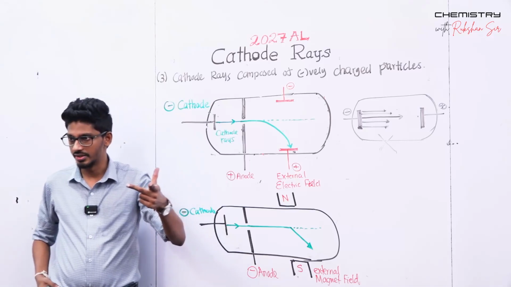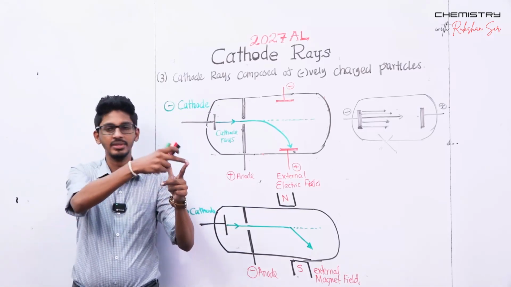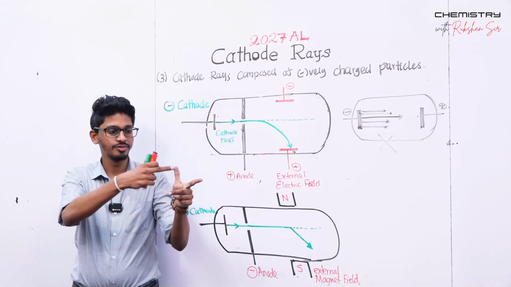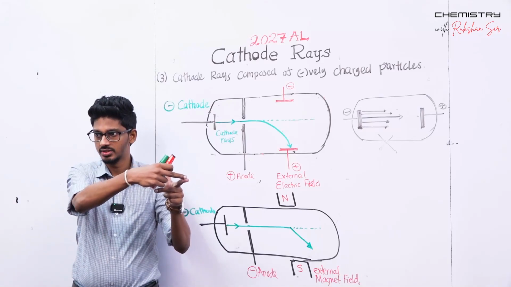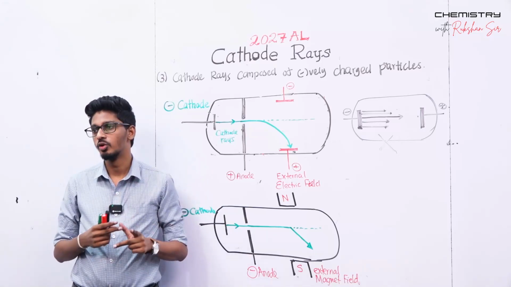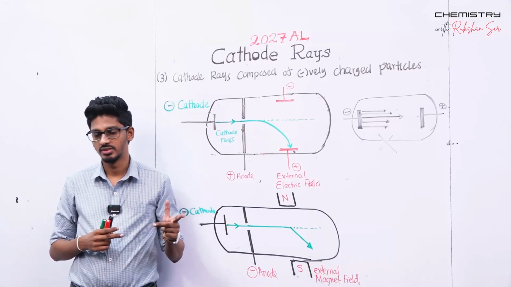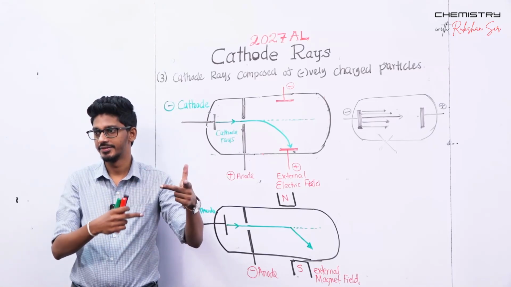So three components are there. It is FBI: F is force, B is the direction of the magnetic field, and I means the direction of the current flow, the direction of the positive charge.